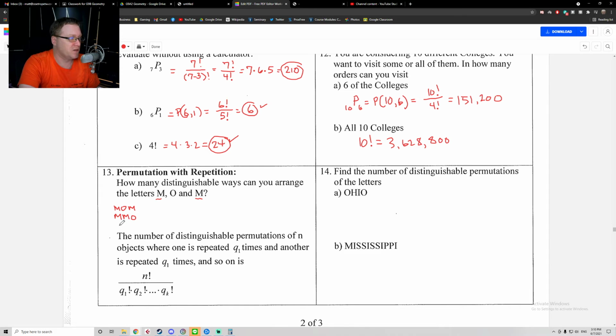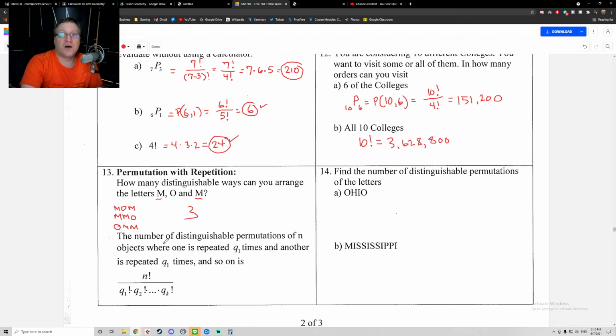That's it. Now we need to start with O. Well, there's only one way to do it with O at the beginning: O, M, M. So that's it. These are all of the ways that we can arrange these letters that look different. There's no other ways to arrange M-O-M. So the answer is 3.